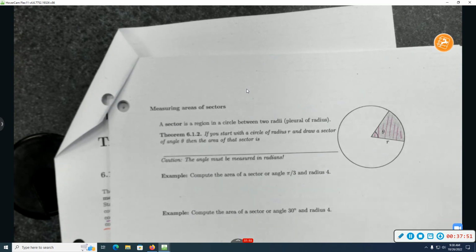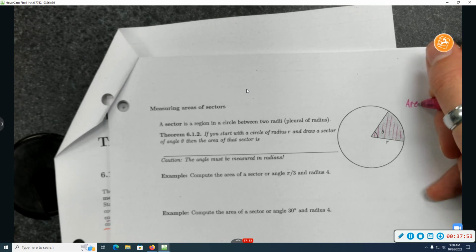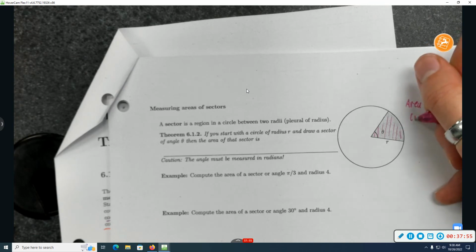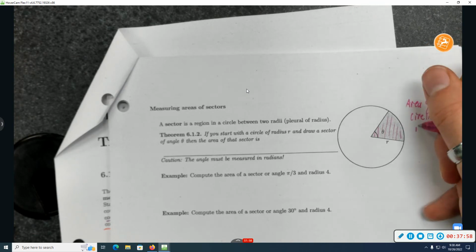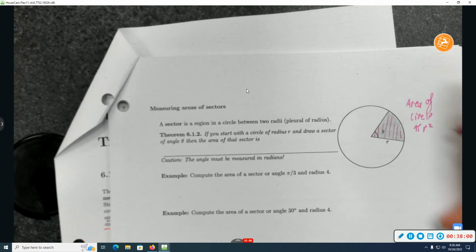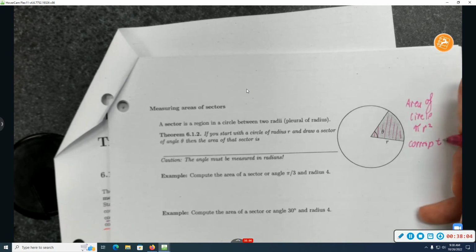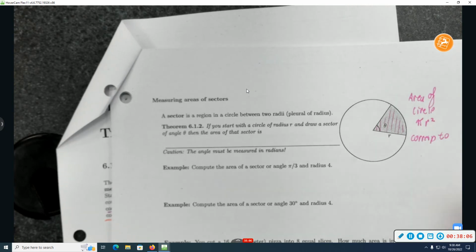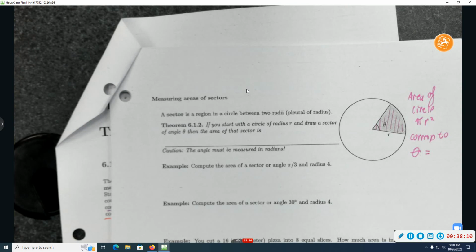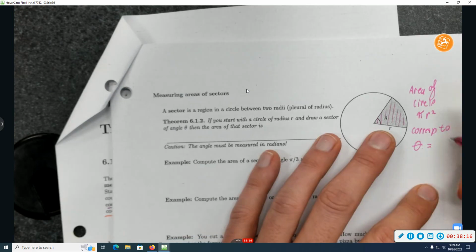What's the area of a full circle? And that should correspond to how big an angle in radians? How many radians is a full circle? 2 pi.